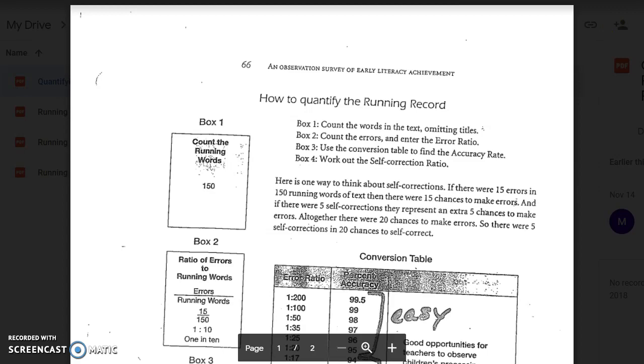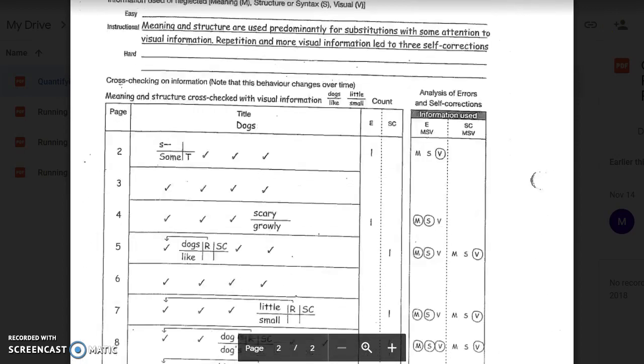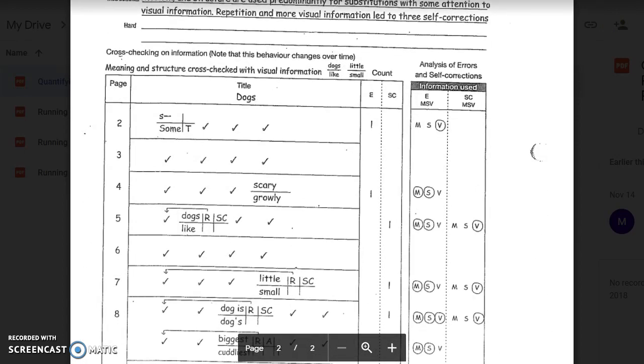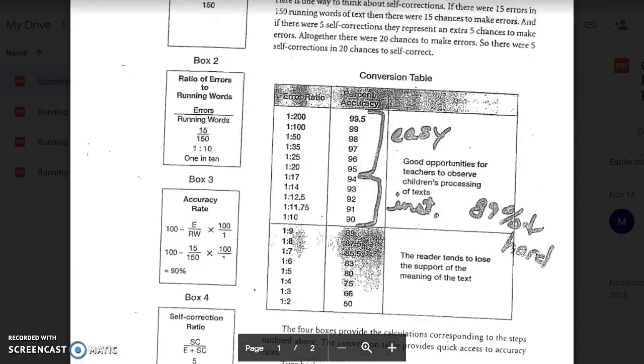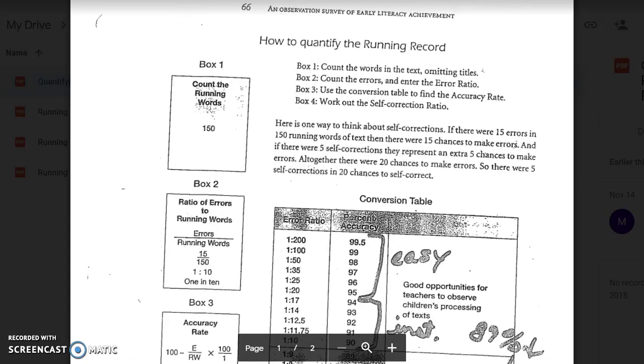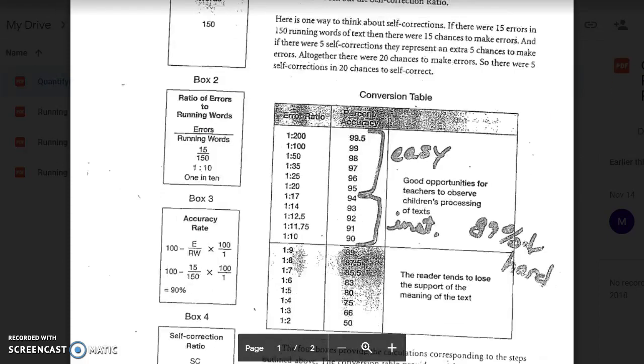Once you have added up all of those columns, then you're going to do some quantifying. That's where you rely on your boxes in the quantification sheet that is just above it. And remember, you work through your boxes. Box 1, box 2, box 3, and box 4.